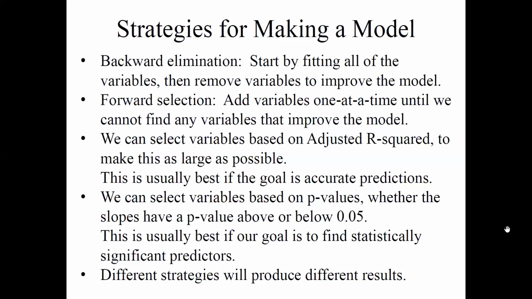On the other hand, if we're thinking about statistical significance, which of these variables is connected to the response variable, and I want to find the statistically significant predictors, then another criterion that can be used is the p-value, ending when we've got all the p-values below 0.05. We want them all to be statistically significant.